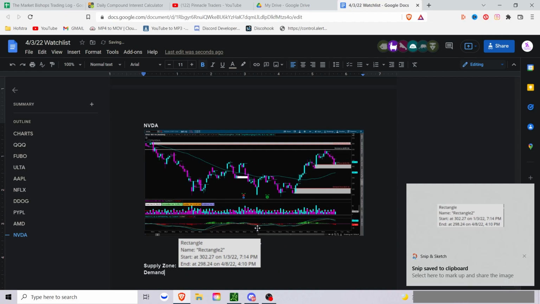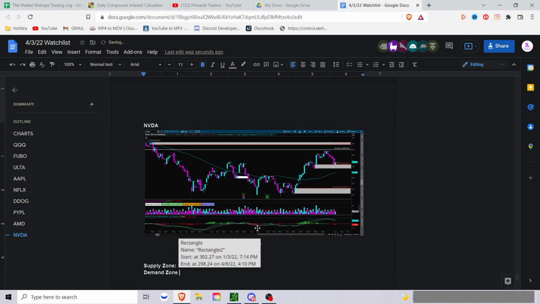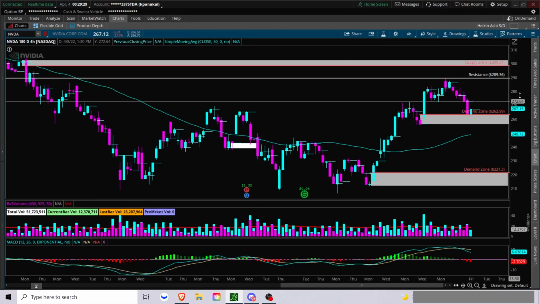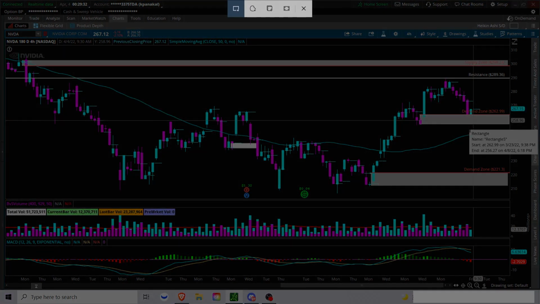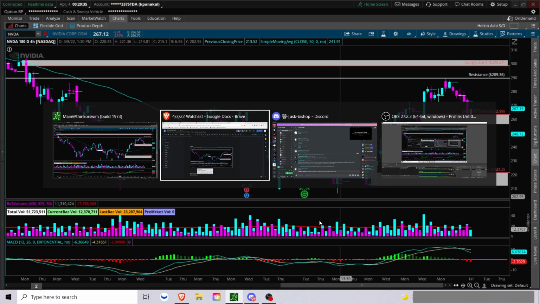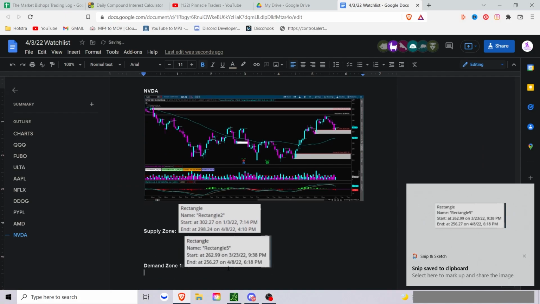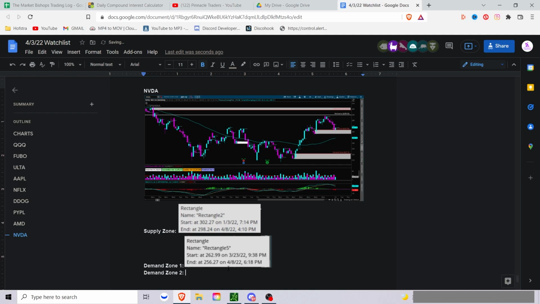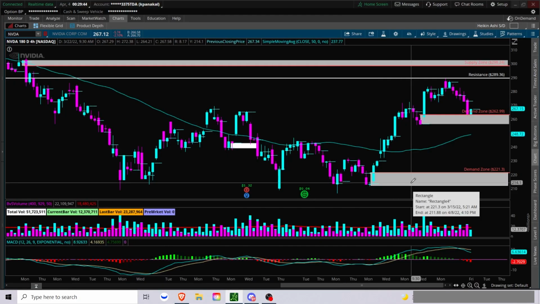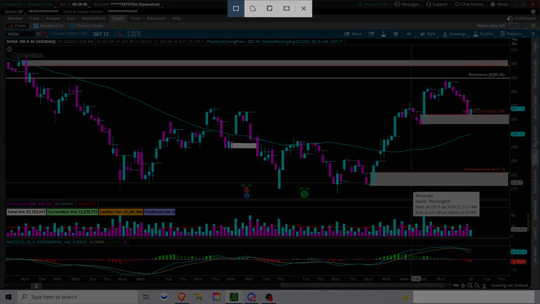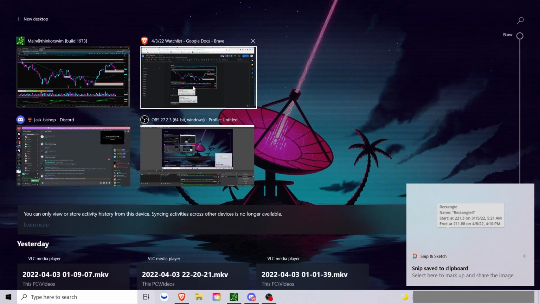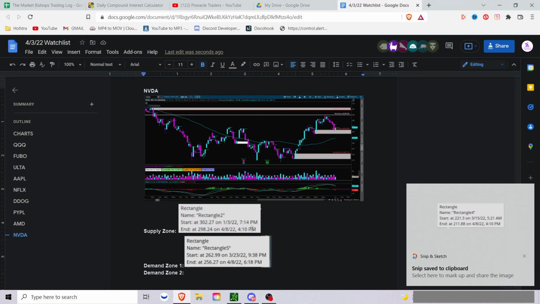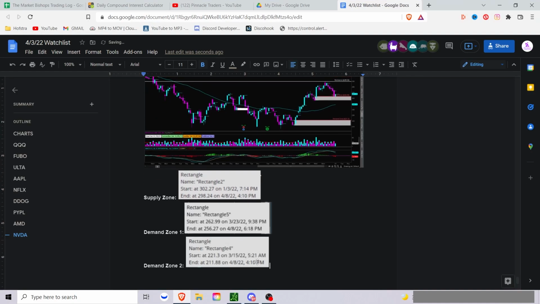Then we have the demands. We have two demand zones, right? Demand zone 1 starts at 262.99 and ends at 256.27. Then we have the second demand zone, which starts at 221.30 and ends at 211.88.